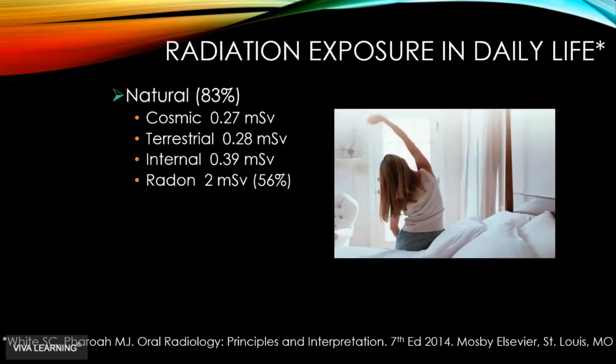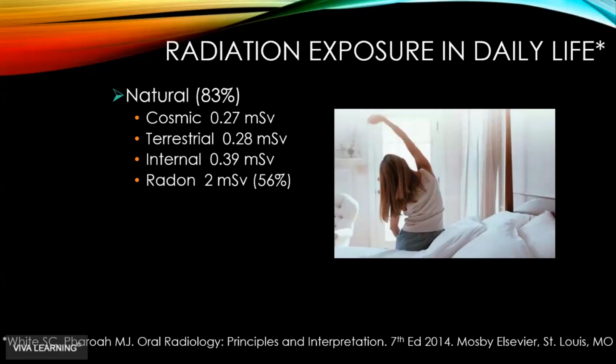But before we start talking about radiation dose, let's talk a little bit about radiation exposure in daily life, because we are all exposed to radiation, just living and breathing on planet Earth. The majority of the exposure is natural background radiation. Some of it comes from the sky, cosmic, from the Earth, terrestrial, from internal, because we eat things that are grown in the Earth, and then from radon.